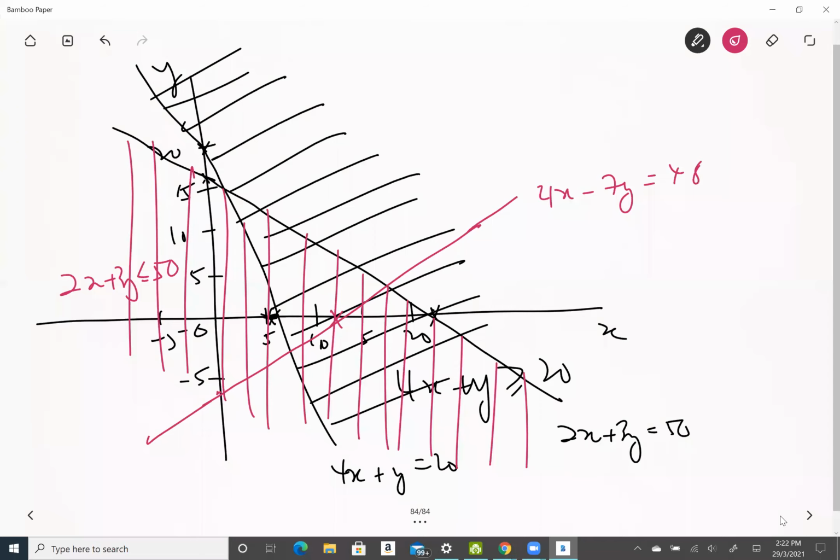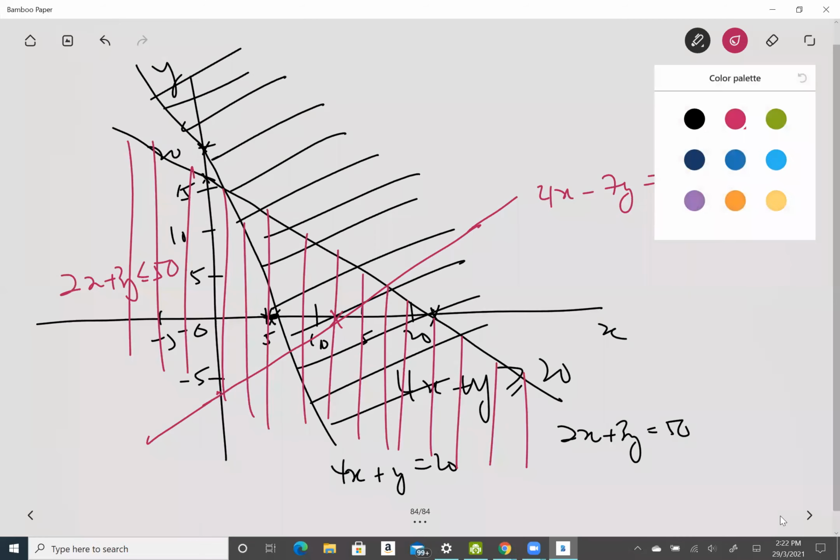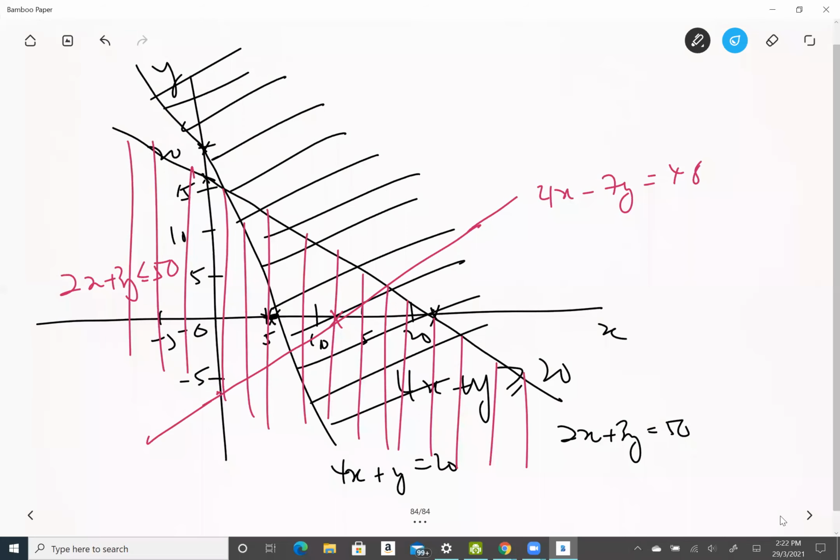Less than, so up or down? Up means above the line. Above. Okay, so you'll see that will be the region. So that is the third inequality.